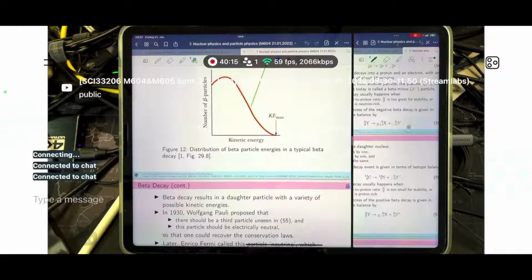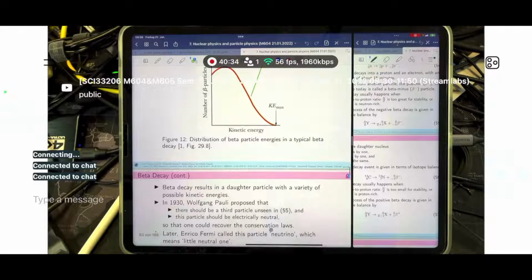So an additional particle here should not break the charge conservation. It means this new, missing particle should be neutral. It has no charge at all, so the conservation law would be preserved.